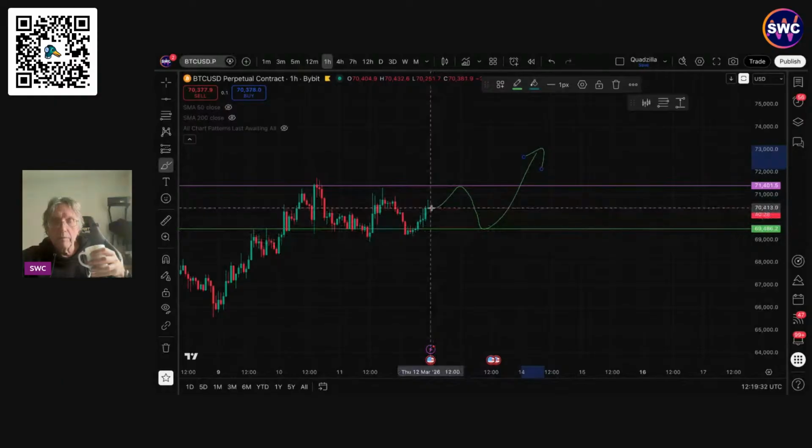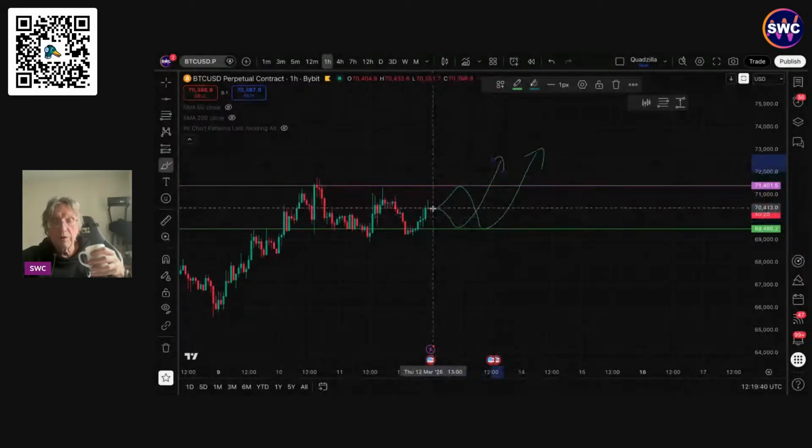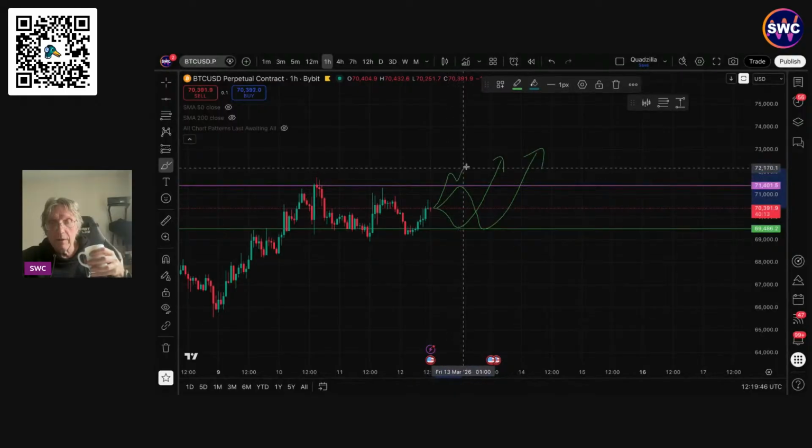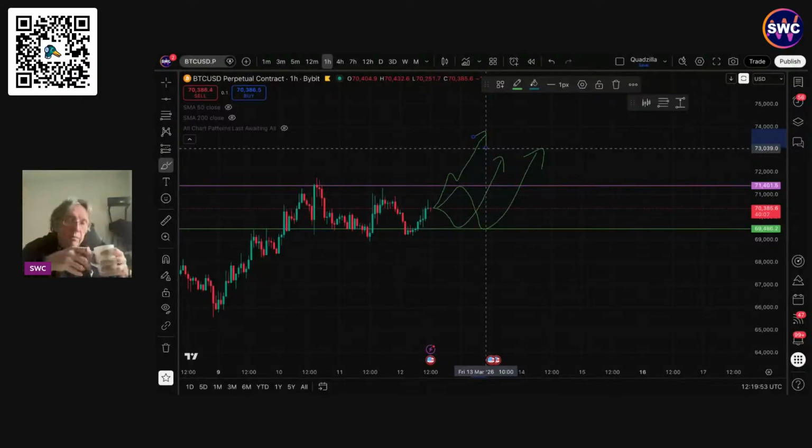Or we could come down here, bounce from there, go up to there. Or we could just go up and actually break through that, maybe even retest a little bit and then go up. If we're going to go high, that's what I think are the possibilities at the moment.